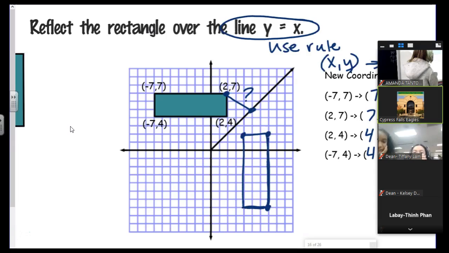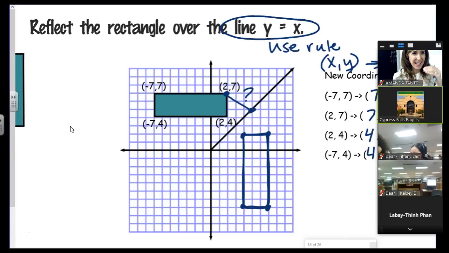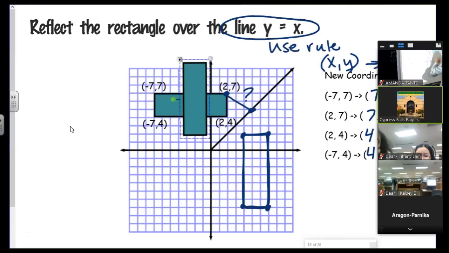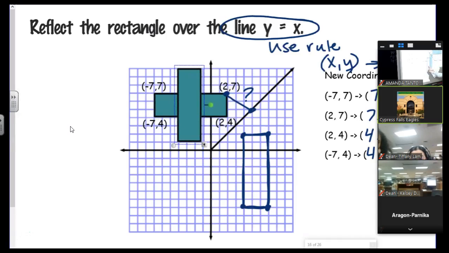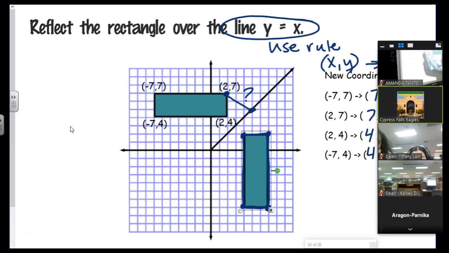I know this looks weird. It's a distortion from the ratio of my computer screen, making it look really elongated. I promise you that is that exact shape. It's just playing a trick on our eyes. But I promise it's this shape, and when I reflect it over this line, that's our image.